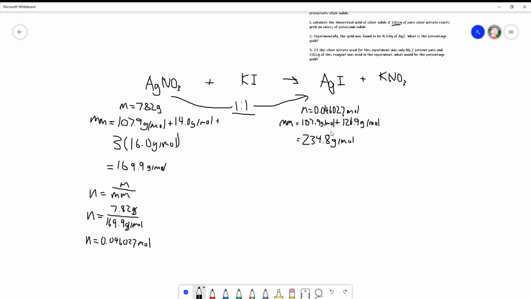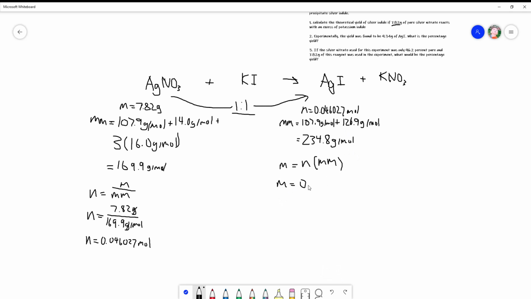And with these two pieces of information, we can rearrange the formula over here and find the total mass of silver iodide. So mass equals number of moles times molar mass. So we just plug in the numbers again.